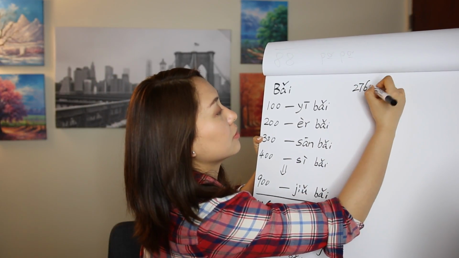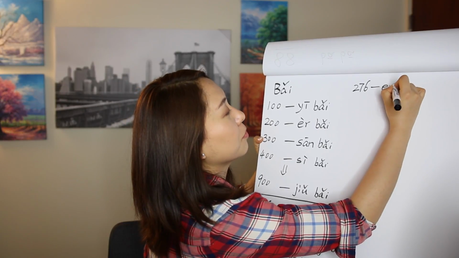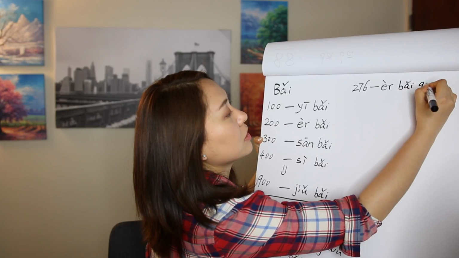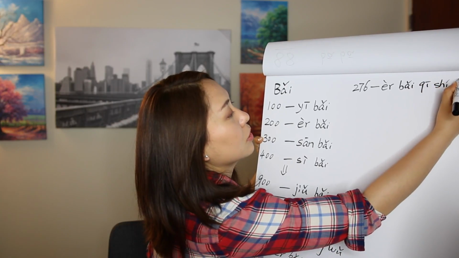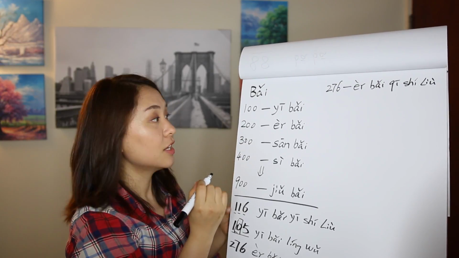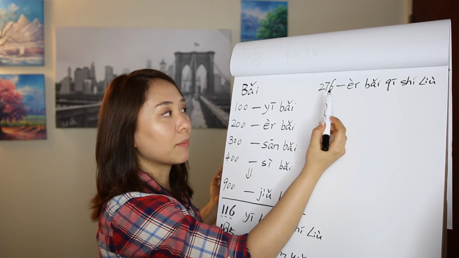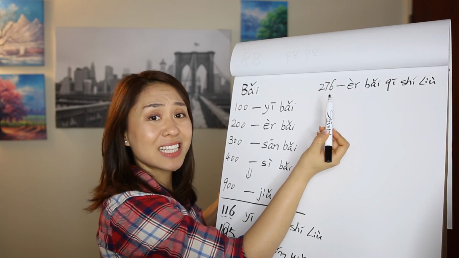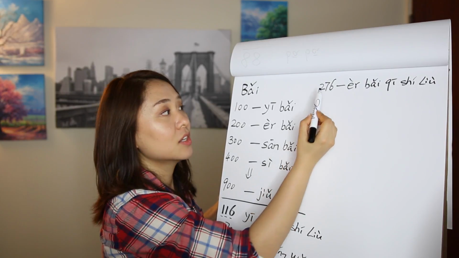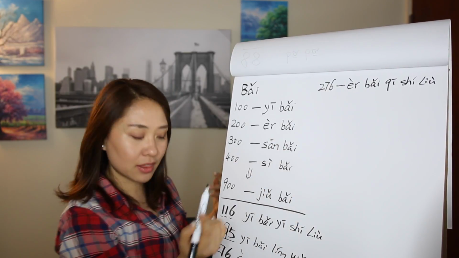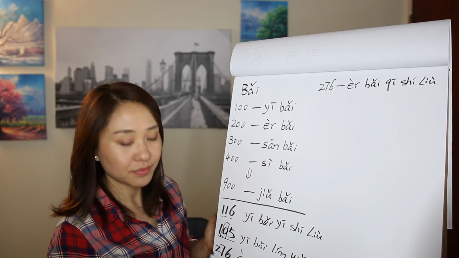So 276 will be like that. Okay? So we just basically read one by one. 2 represents 200, 7 represents 70, 6 is 6. So you add it up: 276. Like that. So you read one by one.